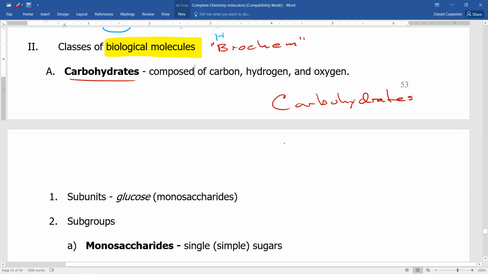I can't remember, this might not be the order in the notes, but a second group is lipids. You have heard of lipids, but you may not have heard of them called lipids. Lipids are the fats and oils, and basically fats and oils are essentially the same thing chemically. It's just whether they're solid or liquid at room temperature.